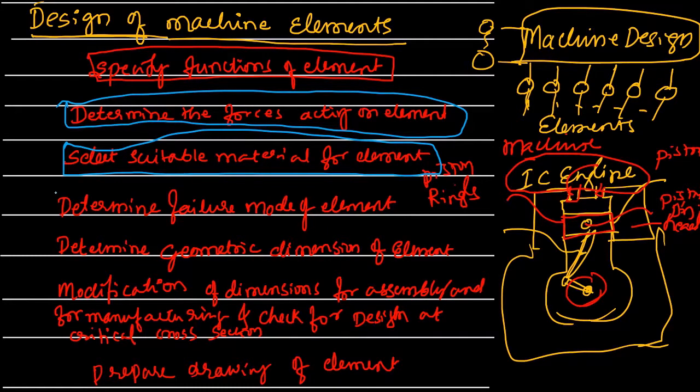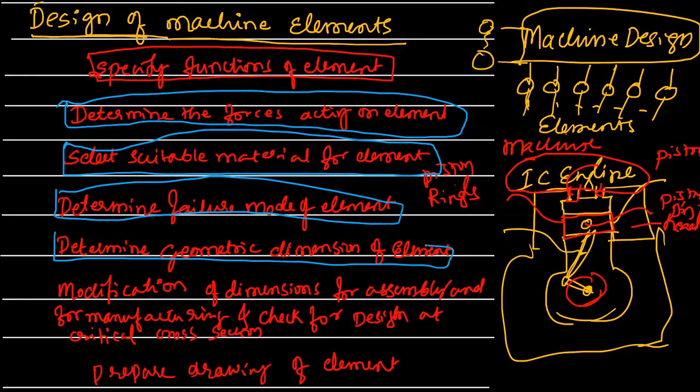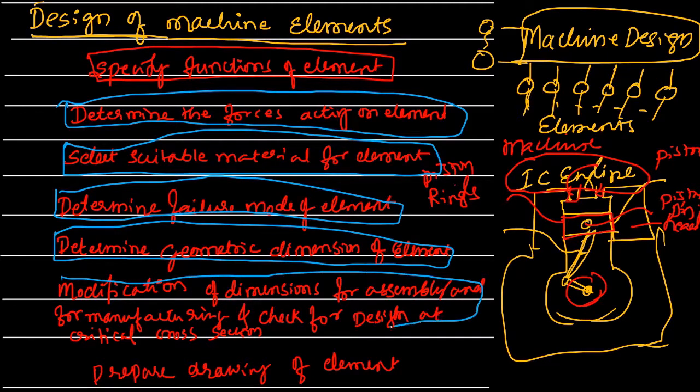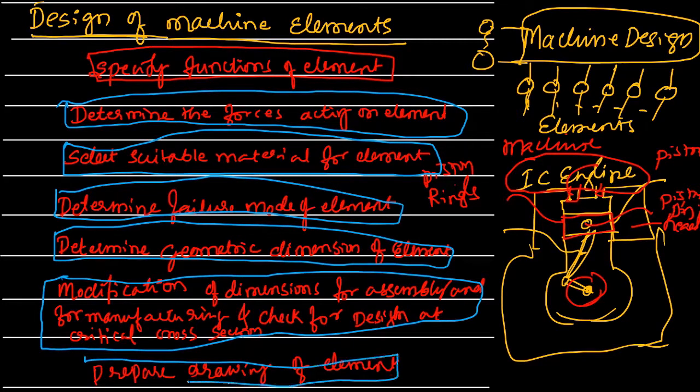Next, determine the failure mode of the element. Next, determine geometric dimensions of the element. Next, if possible, modify the dimensions and check again at the critical section. Last step is you need to go for drawing.